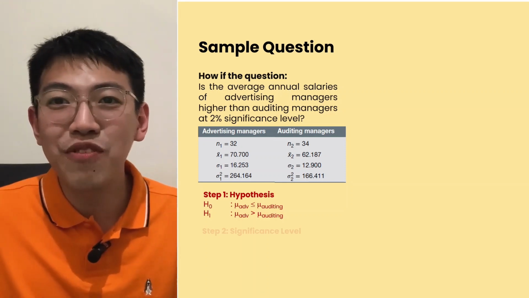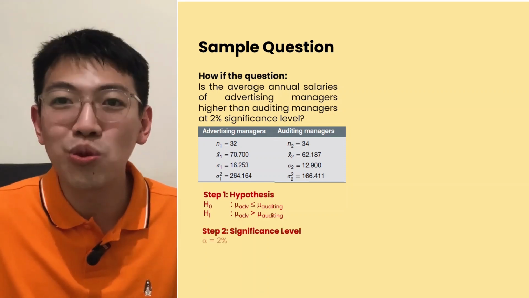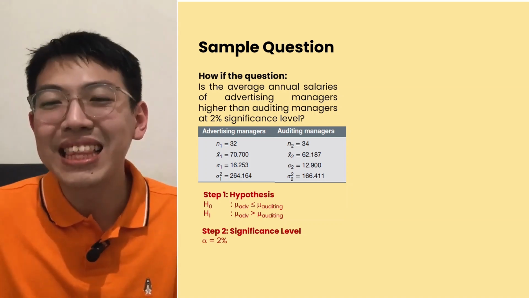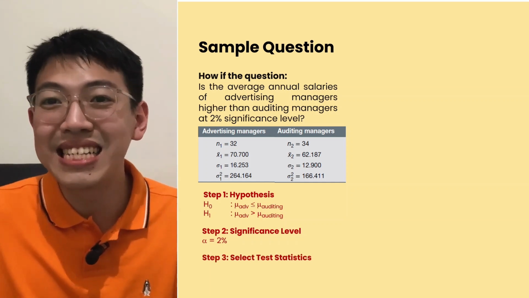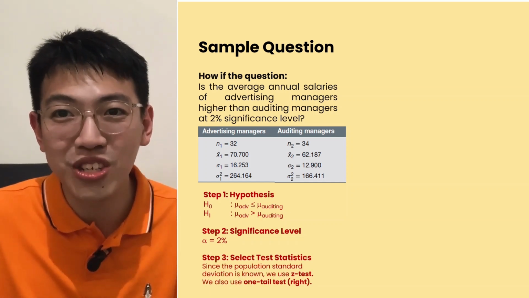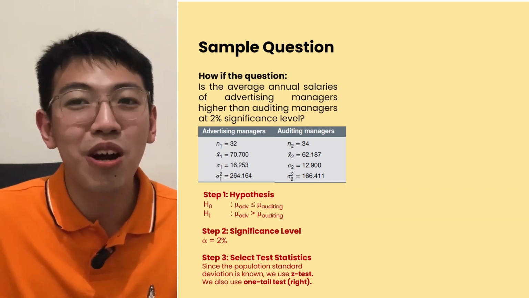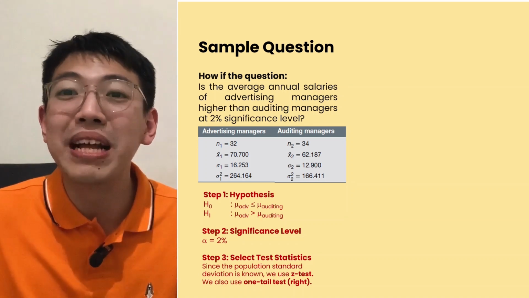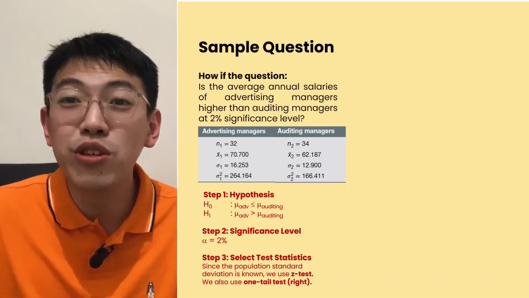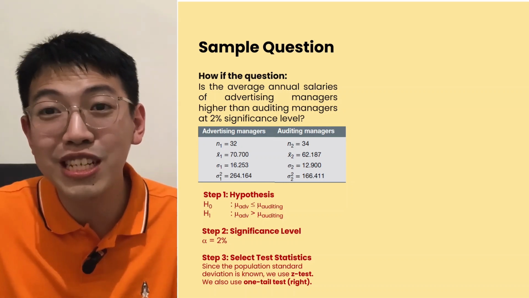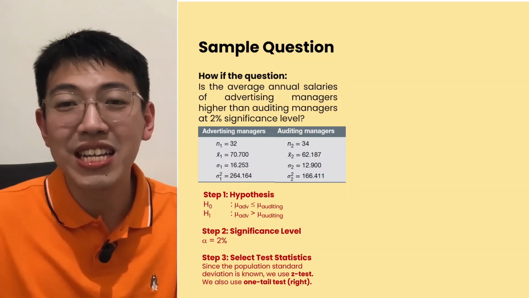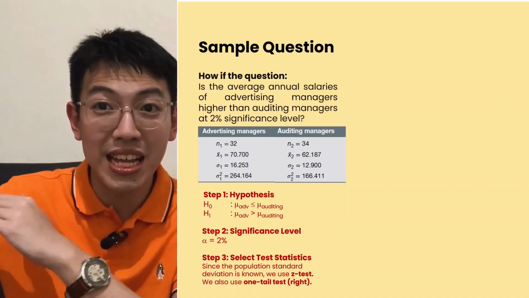The significance level as the second step will be 2% because the confidence interval is 98%. The test statistic we use is the Z-test because we know all population standard deviations and the number of samples are more than 30. But here we will use a one-tail test. In this case, of course the Z critical will be different. Because the keyword is higher, the tail will be located in the right.